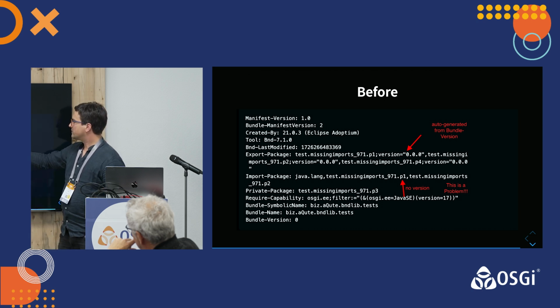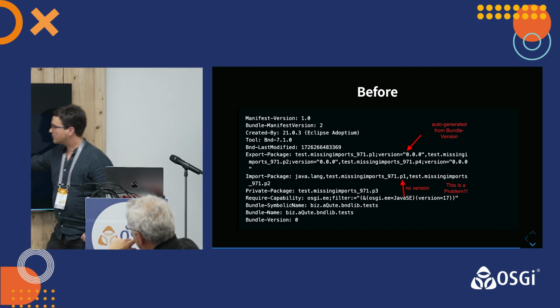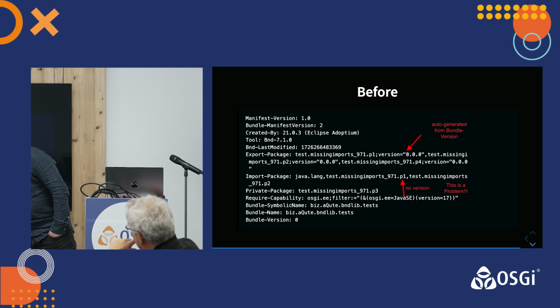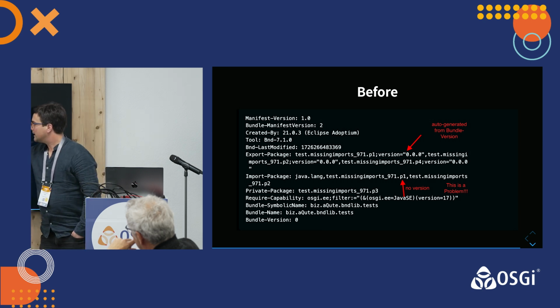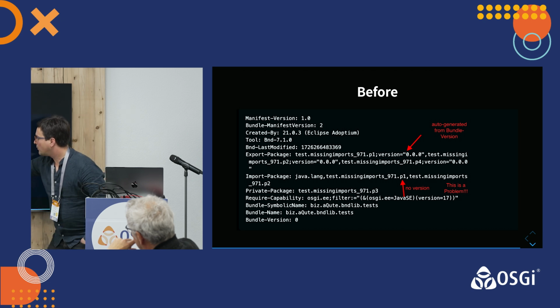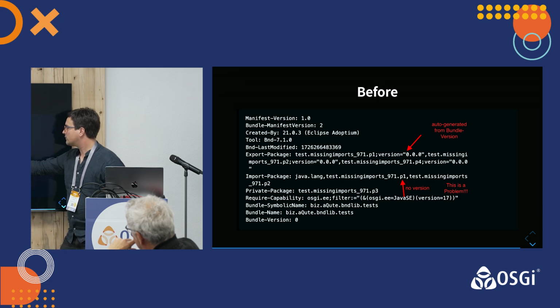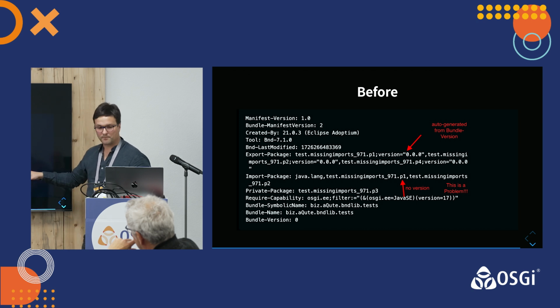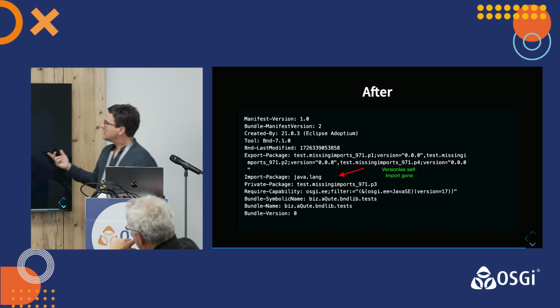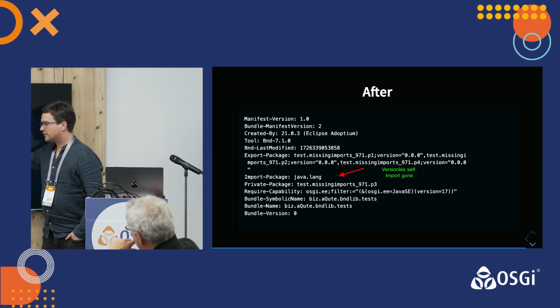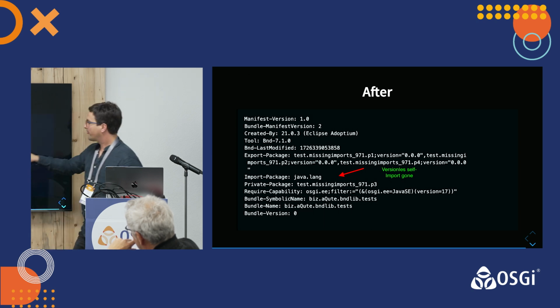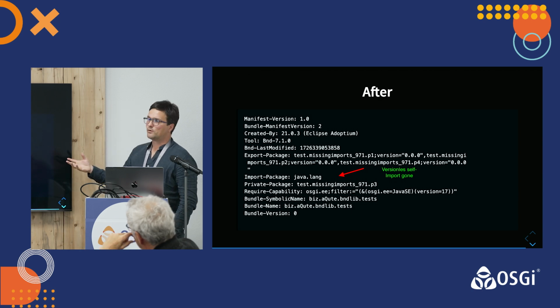You see a version 0, BND did this as a fallback because it used the bundle version as a last resort. And it also created an import package without a version. You see, here's no version specified. And this is a problem. Now, in 7.1, BND will still generate the export as it was before, but not the import anymore. So the versionless self-imports are gone.